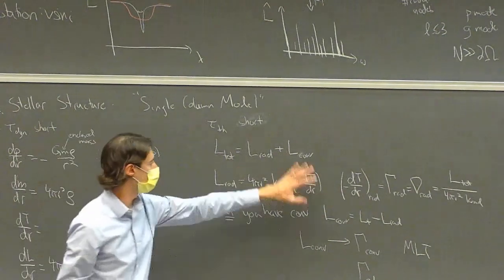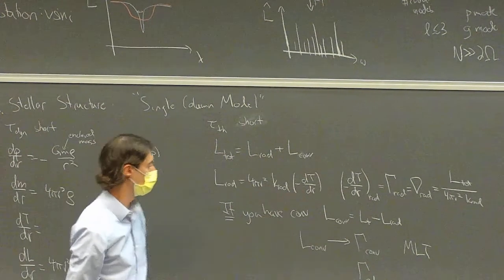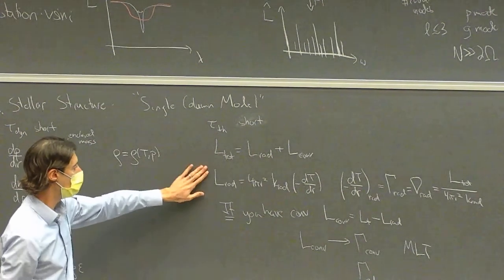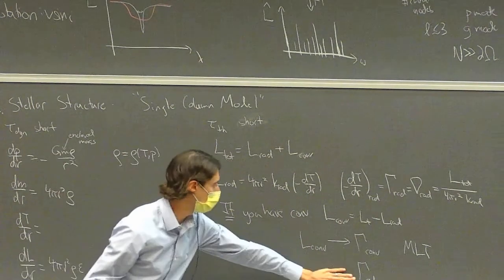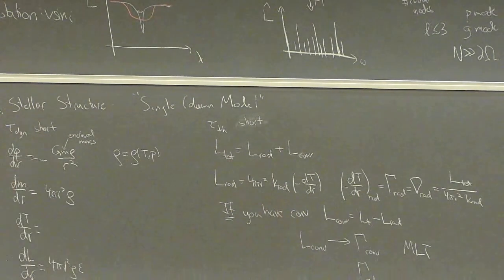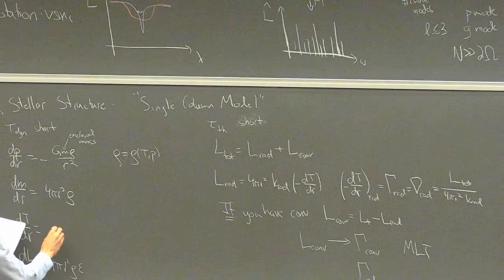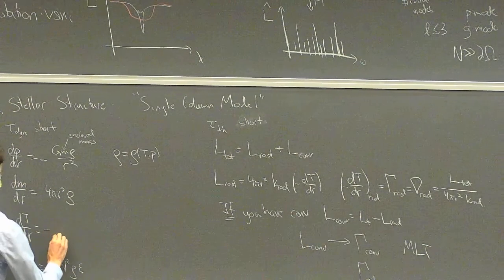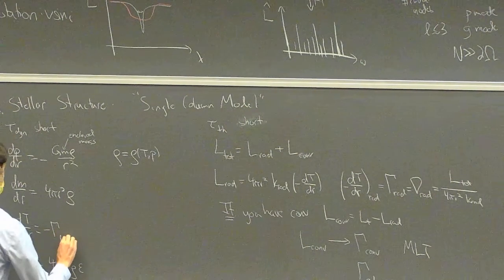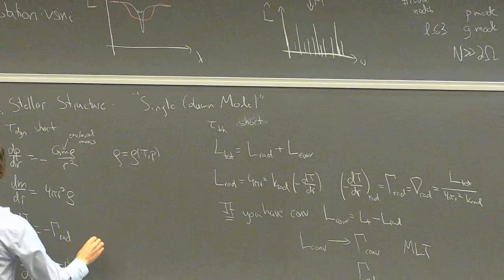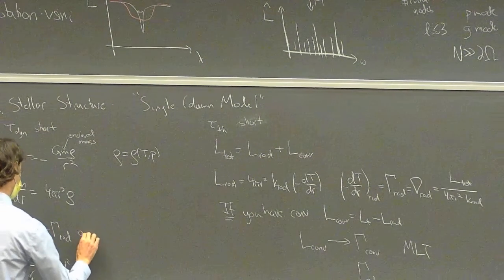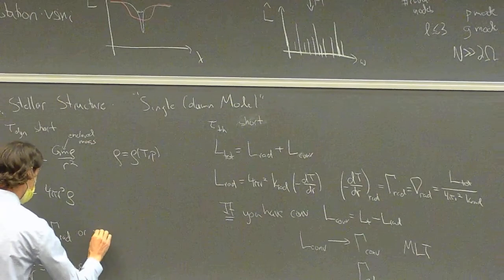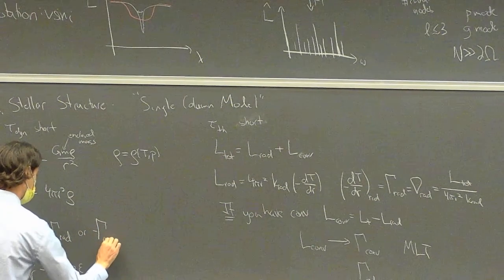Okay, so this is kind of the idea of the energy transport in stars. It's either by radiation or a combination of radiation and convection. So that means that this temperature gradient is given by either minus gamma rad, the radiative lapse rate, or this convective lapse rate.